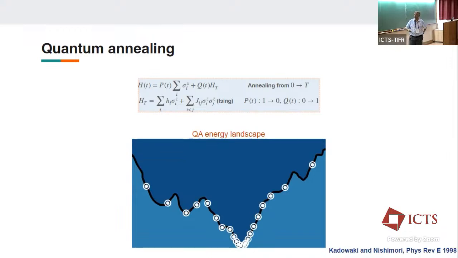But other than that, you could think of P as 1 minus small t divided by capital T, and Q would be small t over capital T. So they're sort of related in the following way.